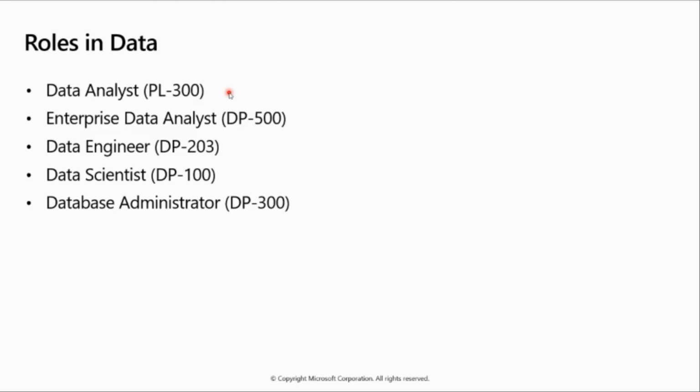Data analysts work with data engineers to determine and locate appropriate data sources and identify new processes or improve existing processes as well. That's where data analysts play a very important role.